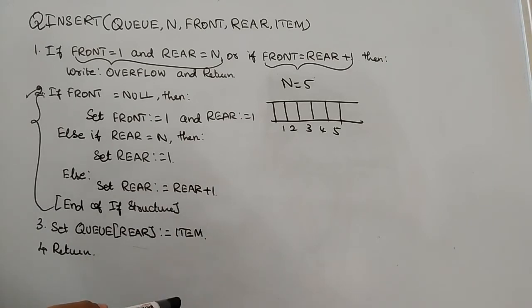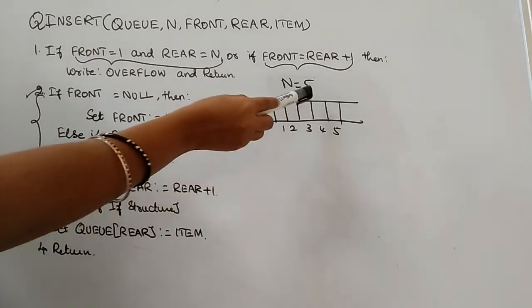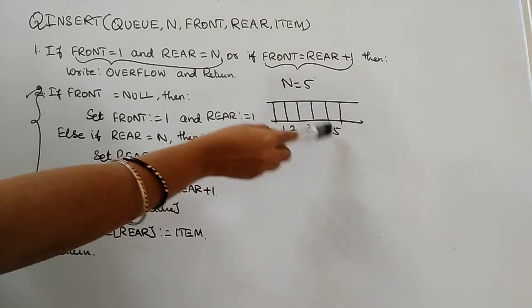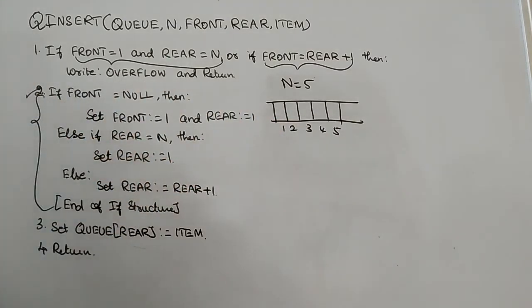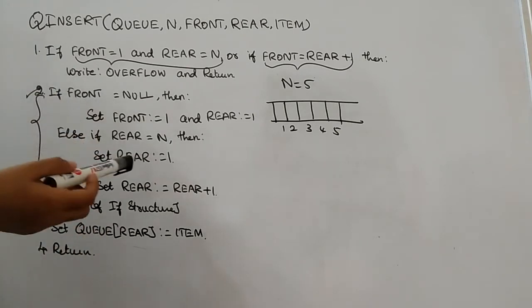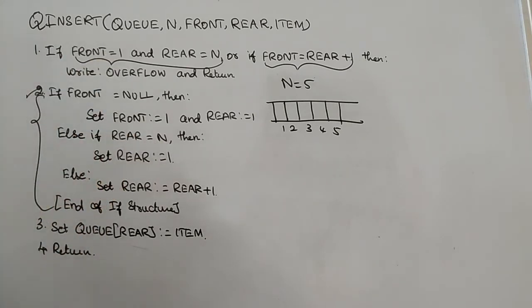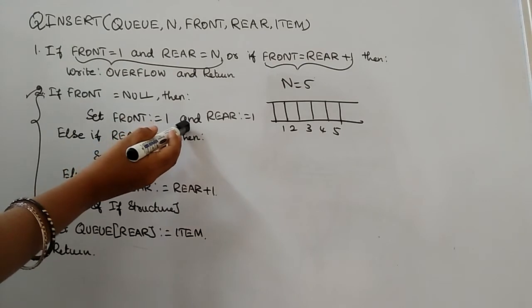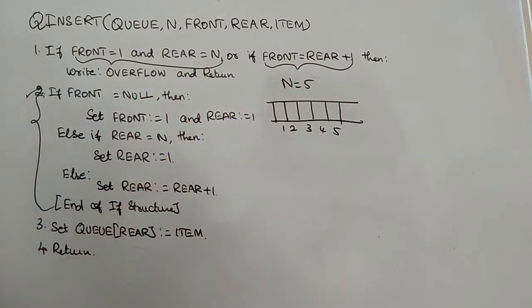If there is an element, there must be some value for the variable front, because front is the variable used to point to the first person in the queue. That's why if front is equal to null, then we set front colon equal to 1 and rear colon equal to 1.